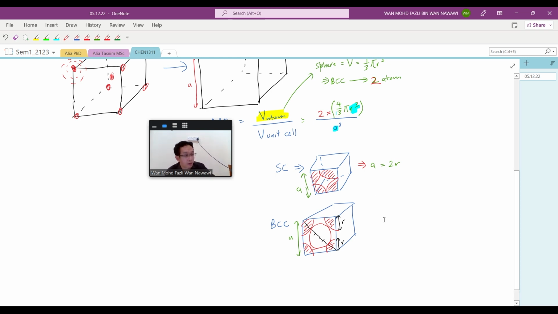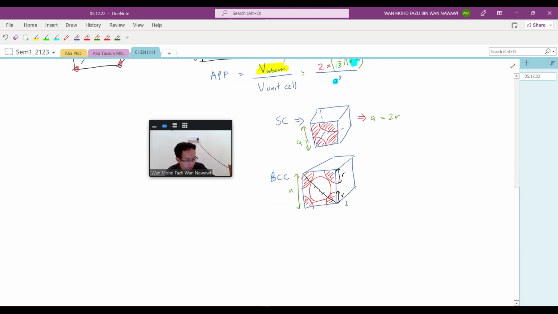Let me draw at the bottom. You have something like this, and then something like this, and then another sphere inside there, in the middle.